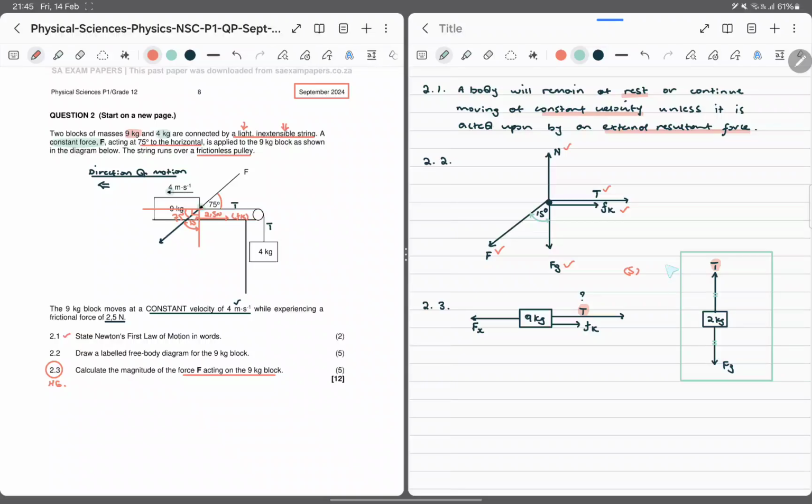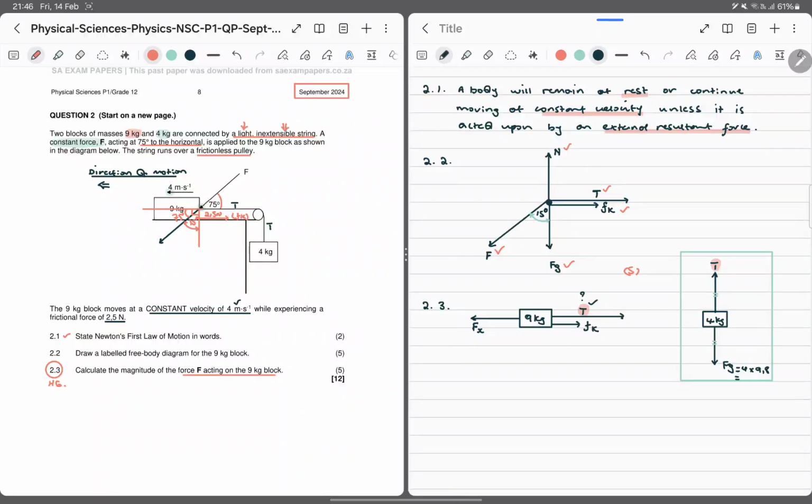because this already tells us, in fact, it's a 4 kg block, not 2. So this already tells us that if Fg can be calculated here, it exactly is equal to the tension, but in the opposite direction. And so we will have a solution to that. So here we just say 4 multiplied by 9,8, which is going to give us that weight.